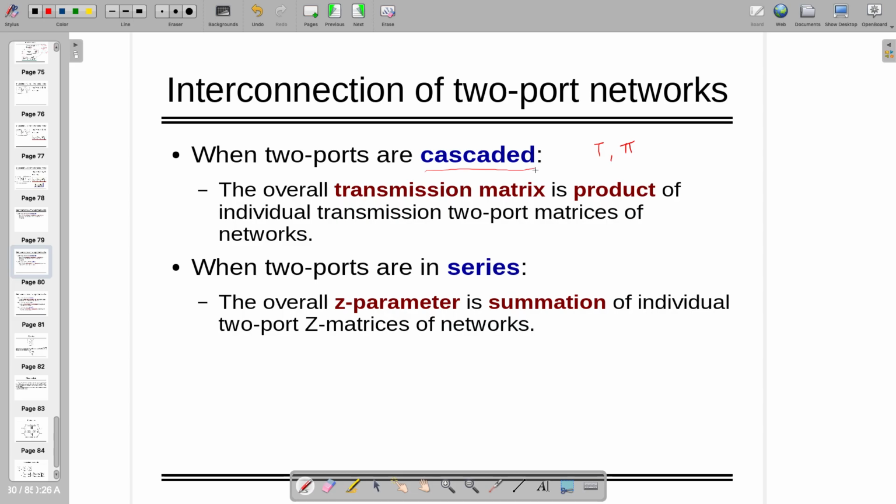If they are cascaded, then the transmission matrix, which is nothing but an ABCD matrix, is the product of two individual transmission two port matrices. Means if there are two ports available like this, and if I am going to cascade them, let's call this one V2.